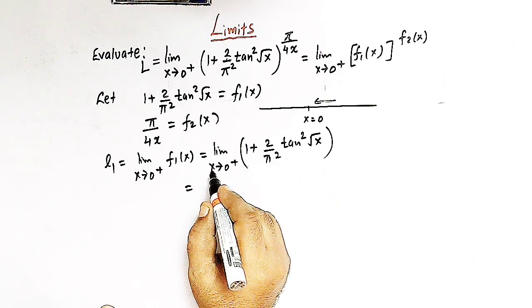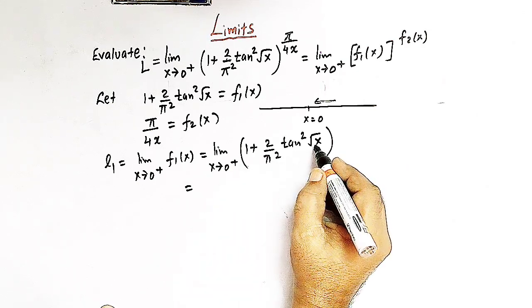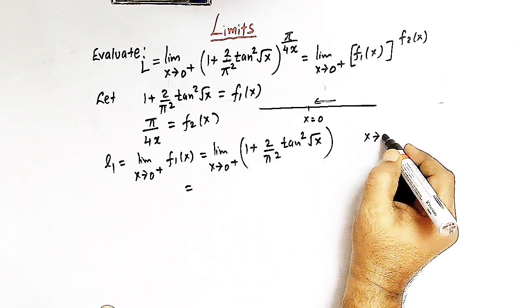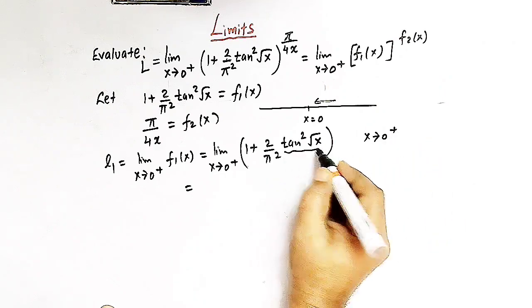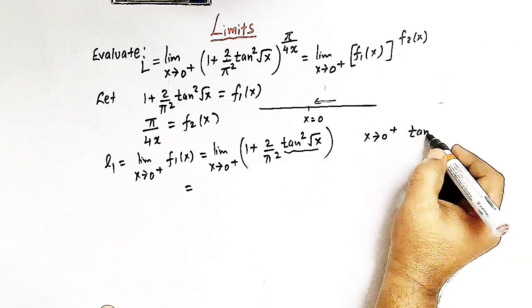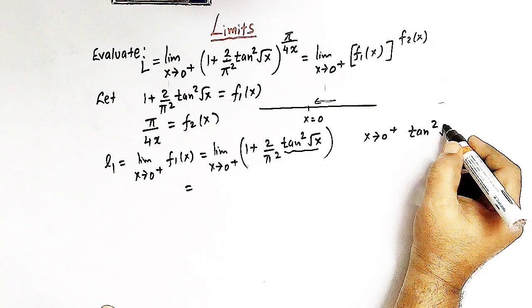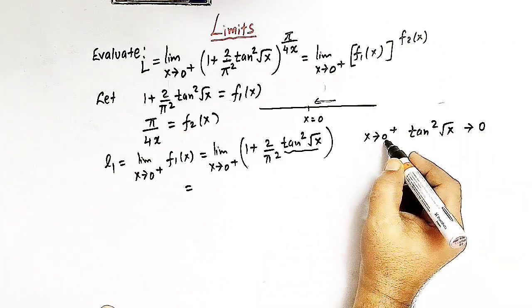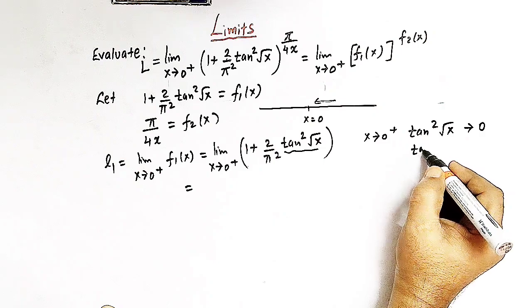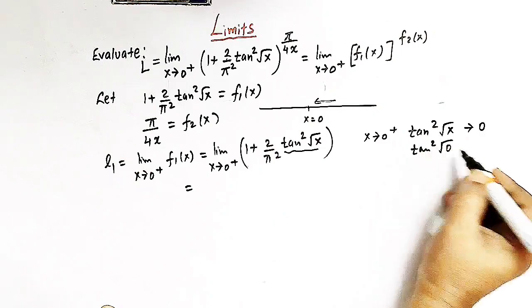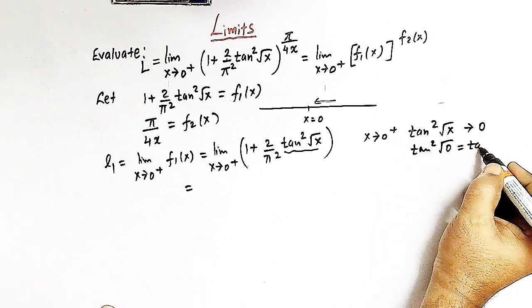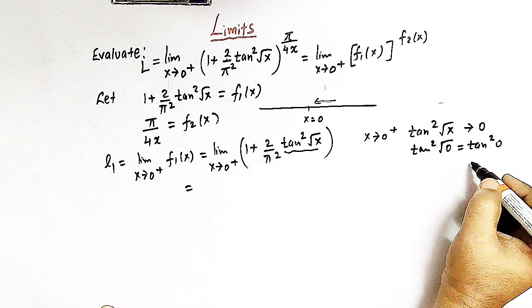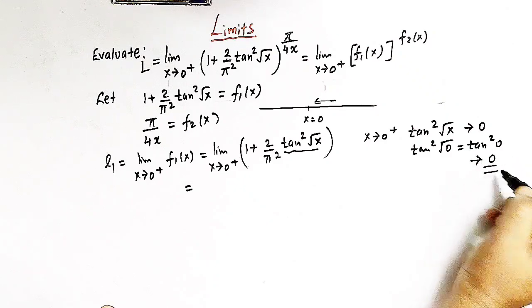So here when x tends to 0, we can see that this expression, that is tan²√x, tends to 0 because x is tending to 0.